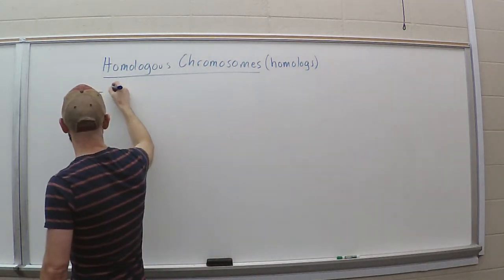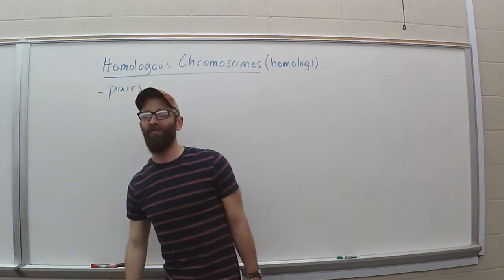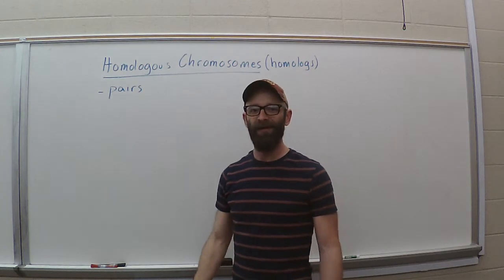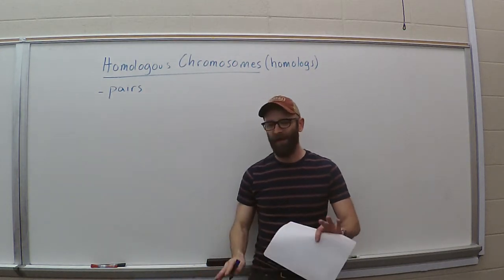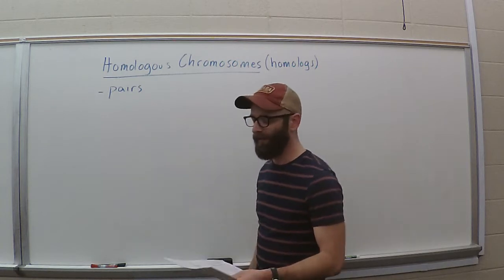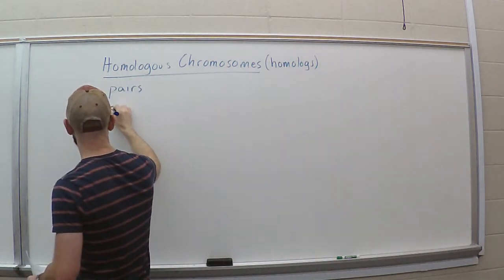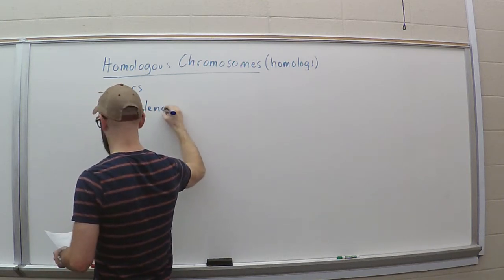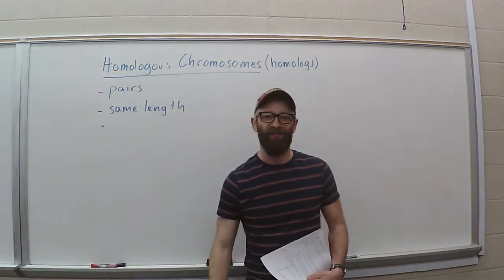Well, they come in pairs. You know what a chromosome is, right? Because you watched and paid attention to the chapter 12 lecture. And you know that chromosomes can come in pairs. Homologous chromosomes are the same length. They have the same centromere location.